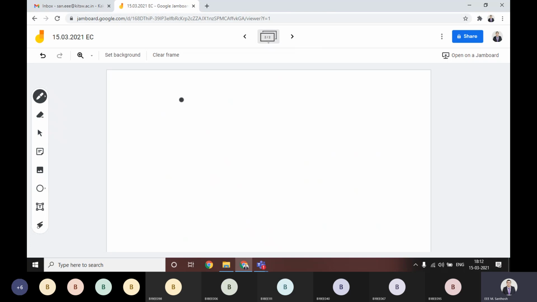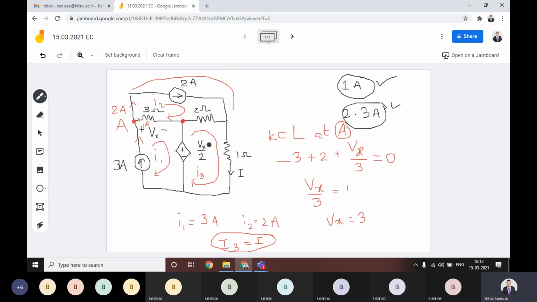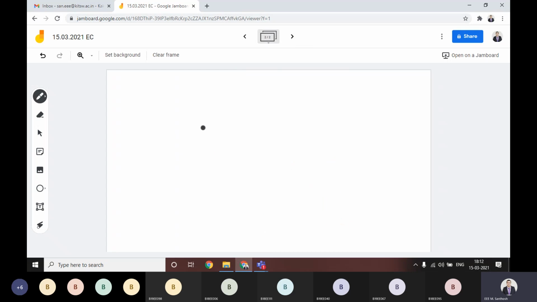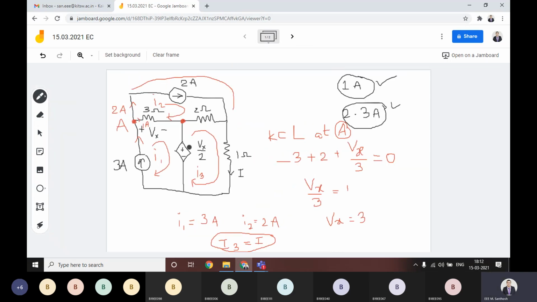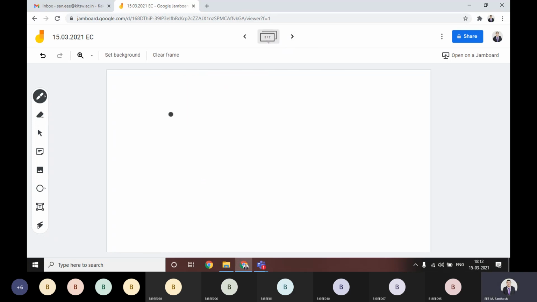First, in mesh 3, I am applying KVL. How will you apply the mesh 3 equation? We will see. First one is this value, Vx by 2, which I am taking from the dependent source.